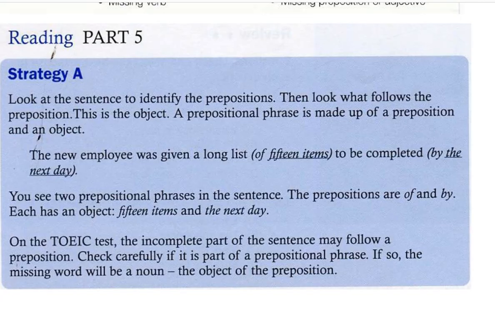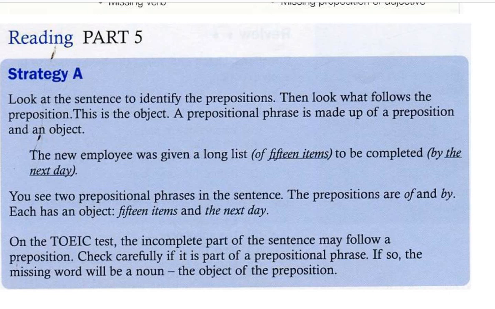That's the first strategy for Part 5. We need to look at the sentence first to identify the prepositions. Then look at what follows the preposition. This is the object. A prepositional phrase is made up of a preposition and an object. For example: The new employee was given a long list of 15 items to be completed by the next day.